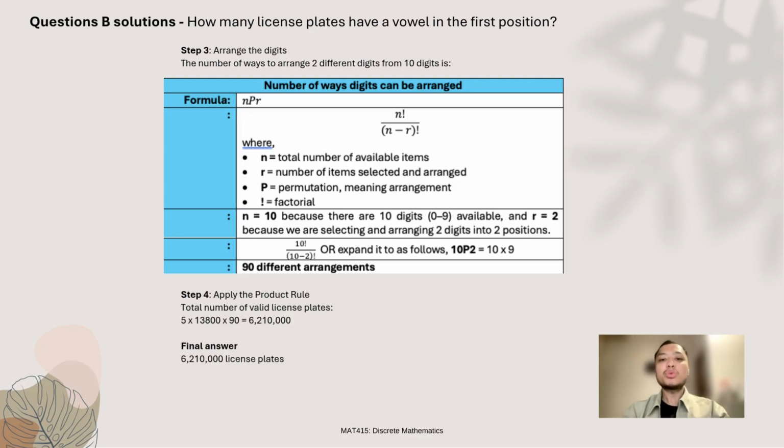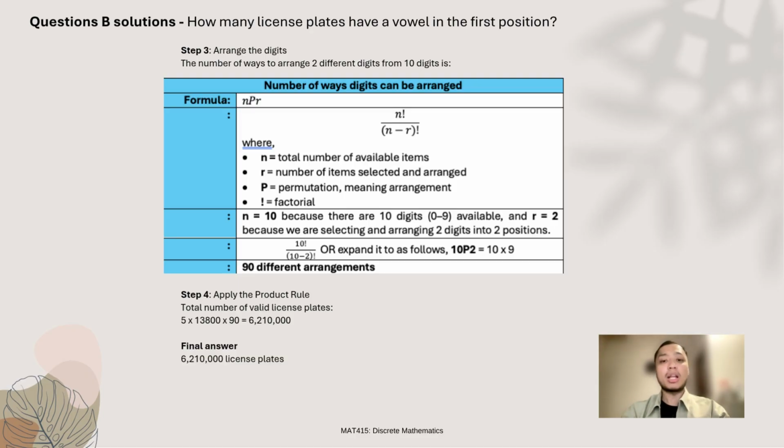Since the license plate needs 2 digits at the end, r equals 2. So we write this as 10P2. This means we are selecting and arranging 2 digits from 10 available digits. The order matters because a plate ending in 1-2 is different from a plate ending in 2-1.